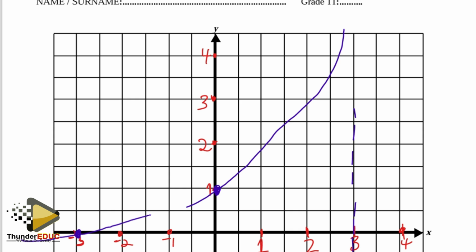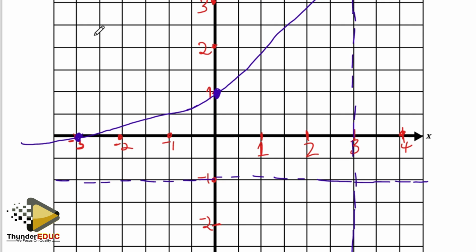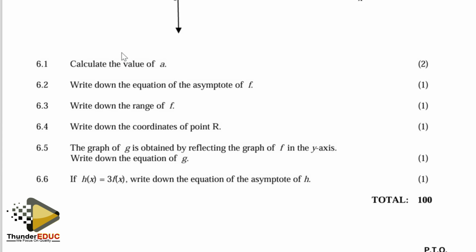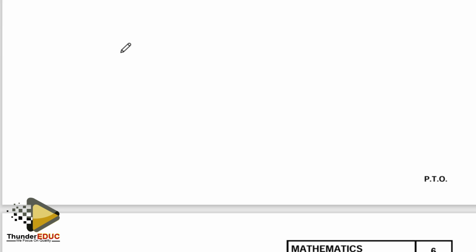It must not cut the asymptotes. So the main point, we want to see the asymptotes there. We want to see the intercepts. Now for this part, where we don't have any points, you just have to draw an extension so that our graph is going to be in this format. So these are the two arms of that hyperbola of ours.